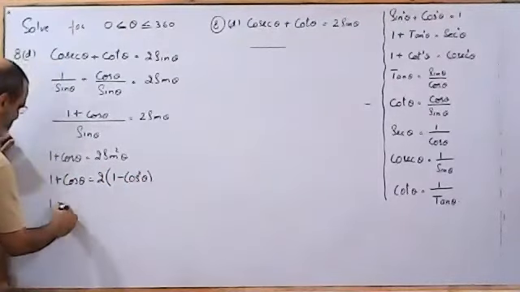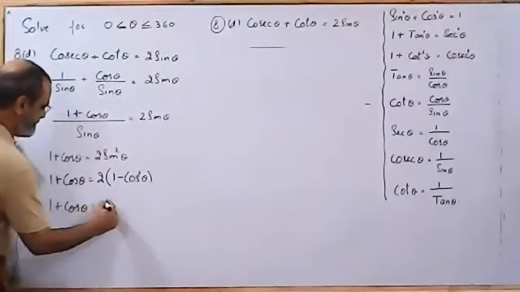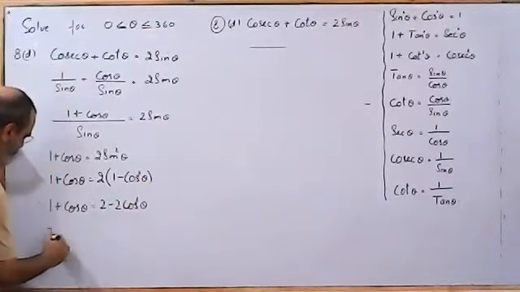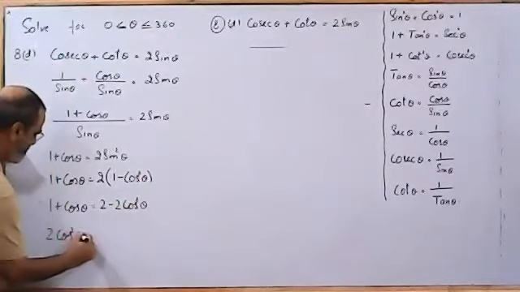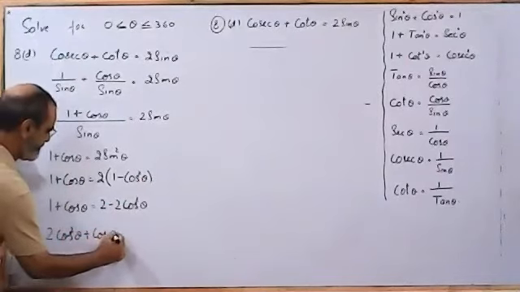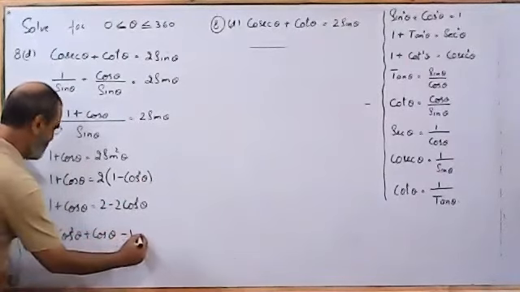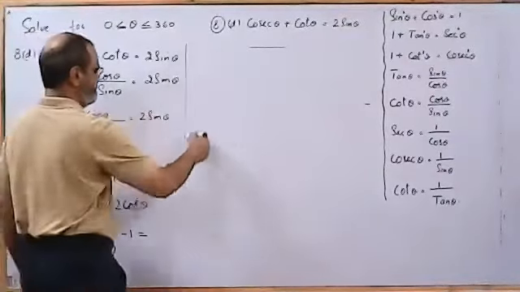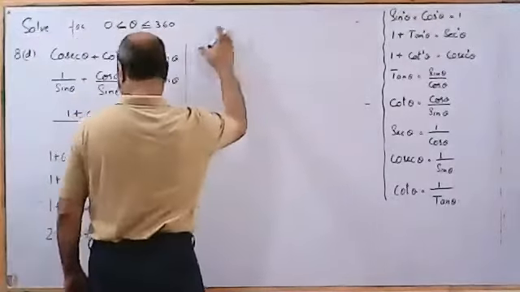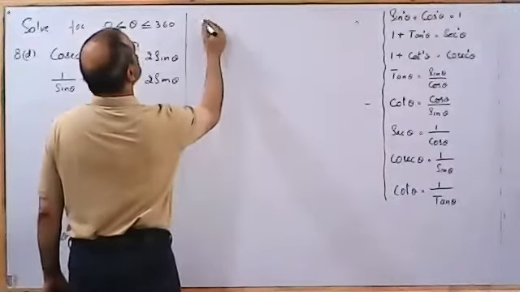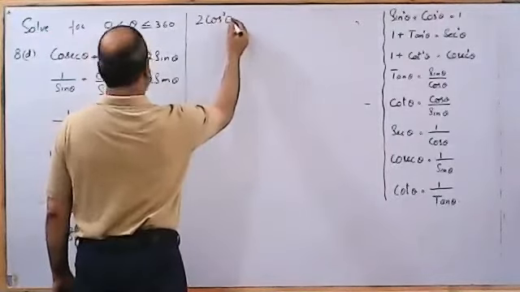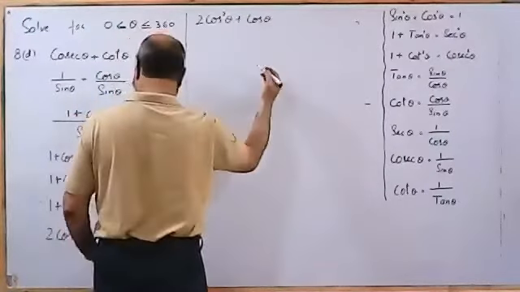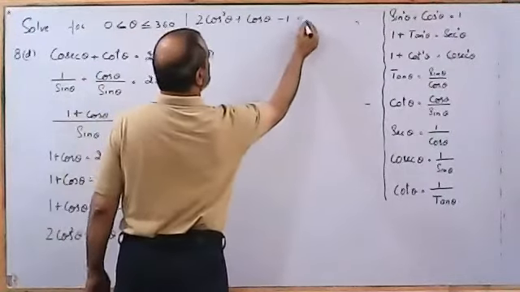So it gives me 2 cos square theta plus cos theta minus 1 is equal to 0. So now it is an equation in all cos. I have the equation 2 cos square theta plus cos theta minus 1 is equal to 0.